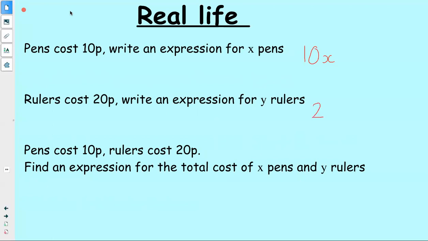So that one's just going to be 20y. And pens cost 10p, rulers cost 20p. Find an expression for the total cost of x pens and y rulers. So you've kind of got the answer. So you've got that one, add that one there. So you're just going to write 10x plus 20y. You remember from lesson 1 in this playlist that you can't add together different like terms. You can't add x's and y's together. Okay, let's move on.